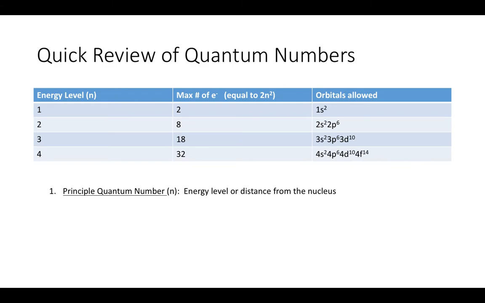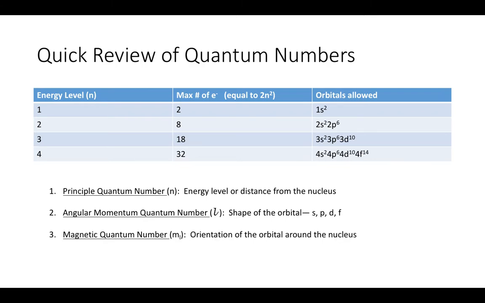The principal quantum number is the energy level or distance from the nucleus. The second quantum number, or the angular momentum quantum number, represented by the letter L, gives us the shape of the orbital, the s, p, d, and f. The third quantum number, the magnetic quantum number, m sub L, gives us the orientation of the orbital around the nucleus.